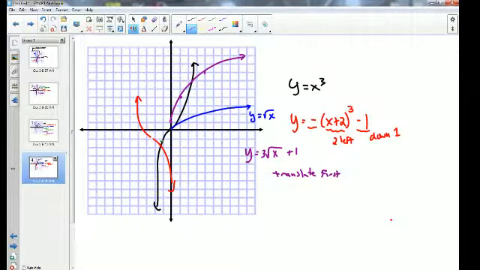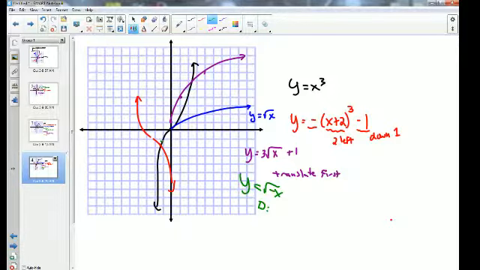Here's one that'll really bake your noodle. Negative x. What's the domain? 0 works, right? What else? One. Can I put 1 in there? No, I can't. Seven.